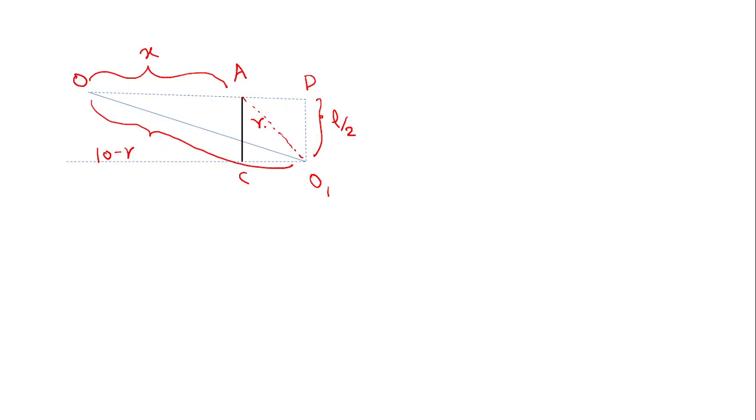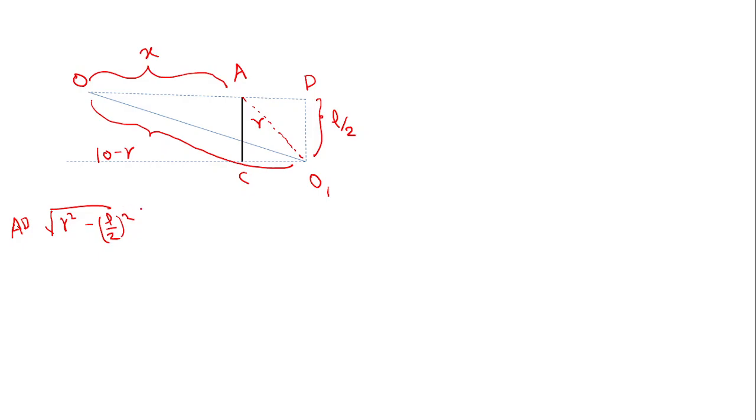Here you can see very easily AD will be under root R square minus L by 2 square.